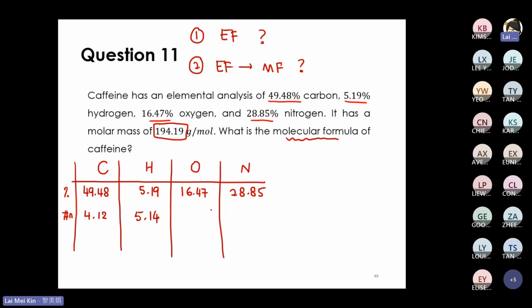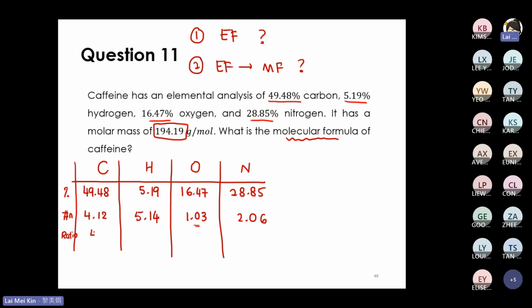Okay, what about oxygen? 1.03. Nitrogen? 2.06. Okay. All right, so find the ratio. Okay, so which is the smallest number? 1.03.